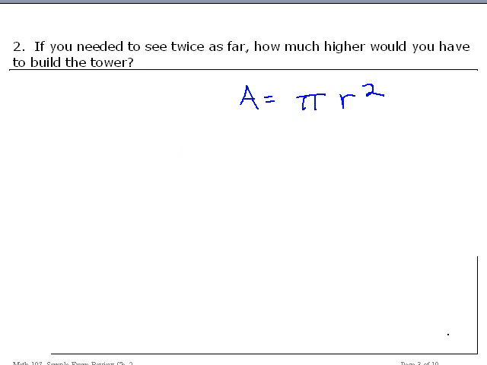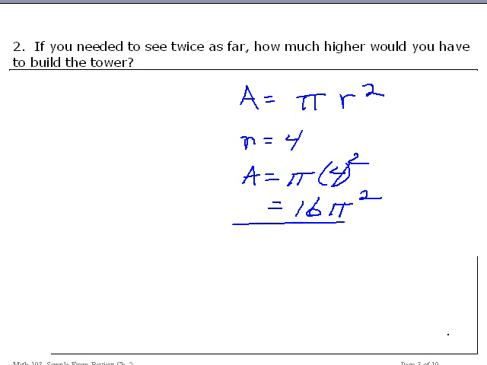What I'm looking at in this case is, how does A change with r? How does the area of a circle change with the radius? It's not linear. Let me give you an example. Let's say the radius was 4, then the area would be pi times 4 squared. 4 squared is 16, so that's 16 pi.